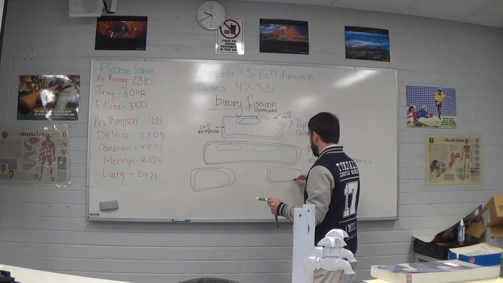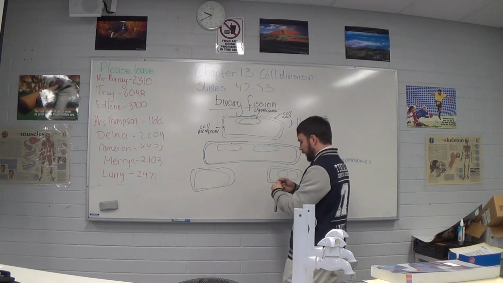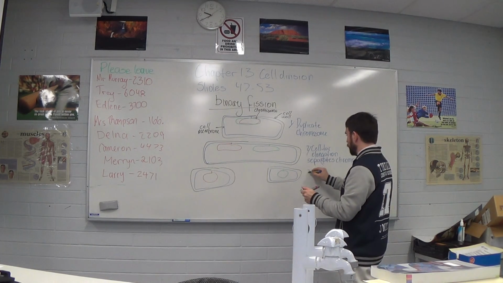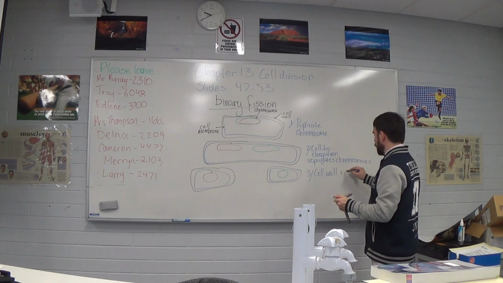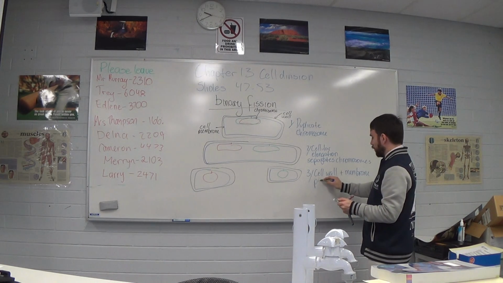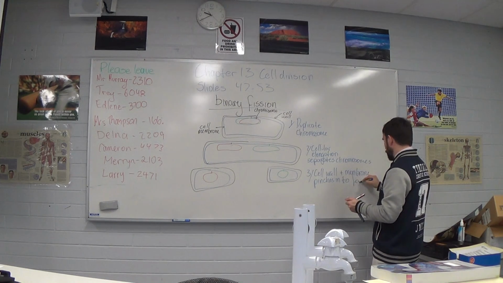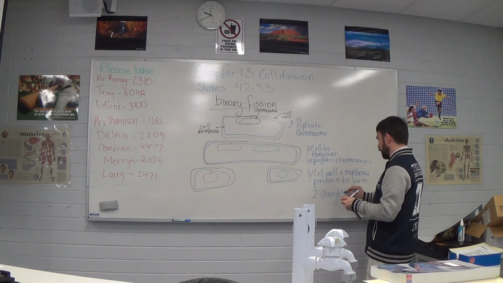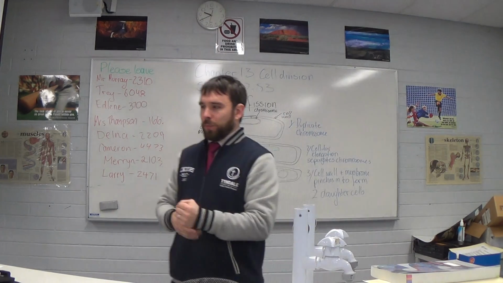Cell wall, cell membrane, and our duplicated chromosomes. So it pinches in to form 2 daughter cells.